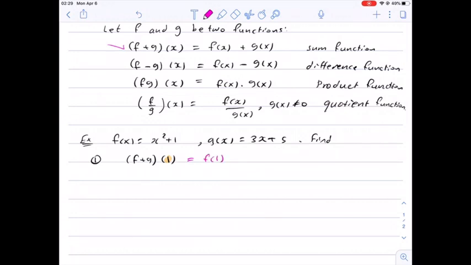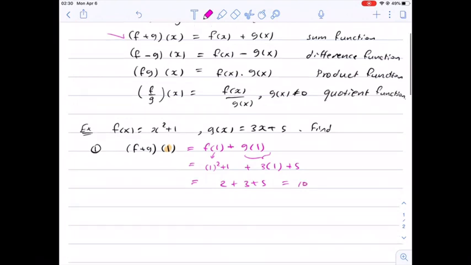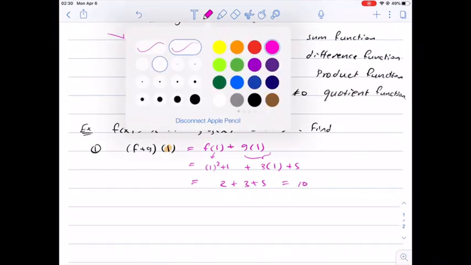Similarly, f plus g of 1 is f of 1 plus g of 1. That means we plug x equals 1 into f. So this is 1 squared plus 1 plus g of 1. We plug 1 into the function g, and then we simplify. 2 plus 3 plus 5, that is equal to 10.